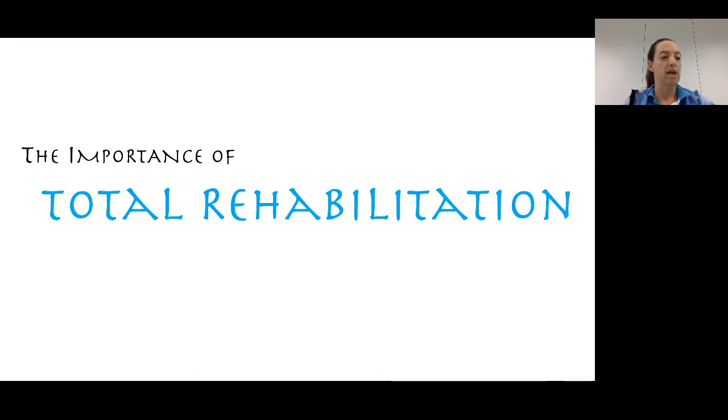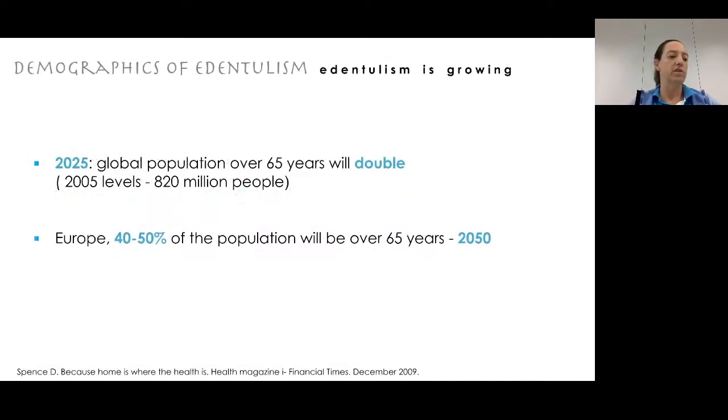Basically, when we look at the numbers of edentulism, we can see that the global population over 65 years is getting higher. It will double by the year 2025 from the levels we had in 2005, to 820 million people.